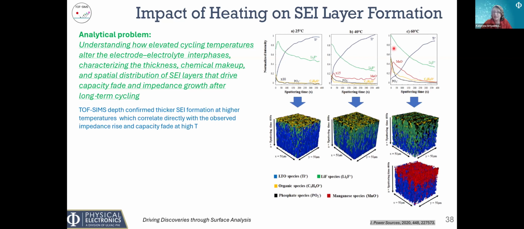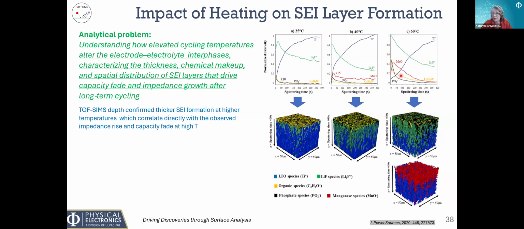There are three temperatures at which these batteries were tested, and let's look at the evolution of chemistry as a function of depth. We can see that at the highest temperature, titanium has a smaller concentration, while we have a much higher concentration of lithium fluoride, organic component, and phosphate.